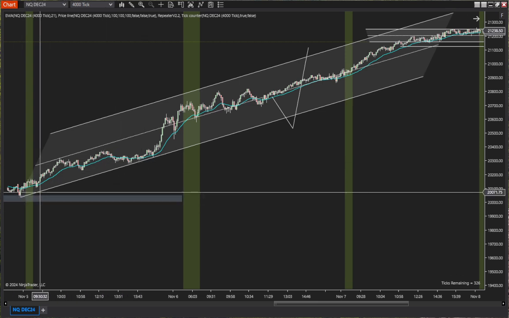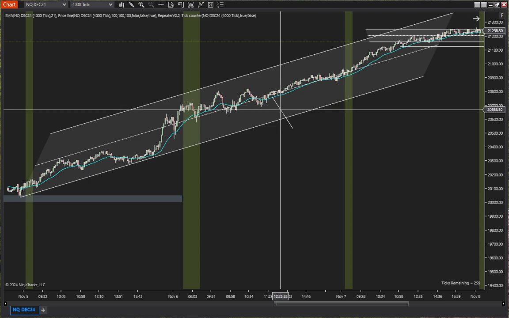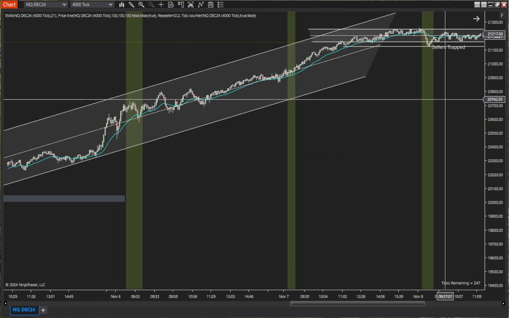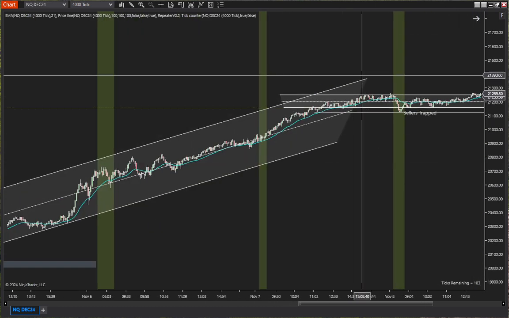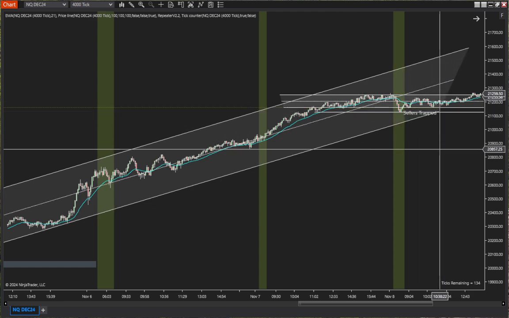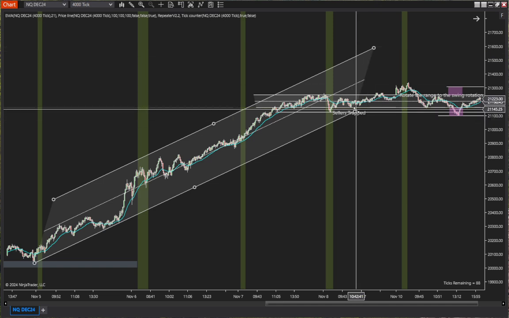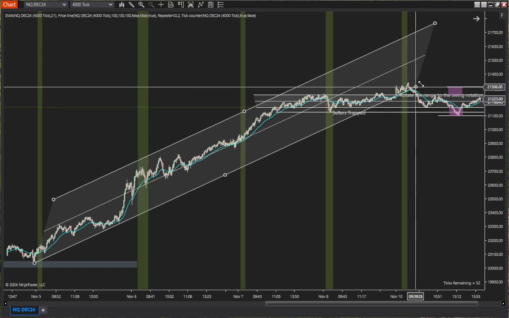Still here, because you have your market structure. It's confirmed right there. Higher highs, higher lows. Now we just extend this all the way up. Zoom out a little bit. Extend this all the way up.